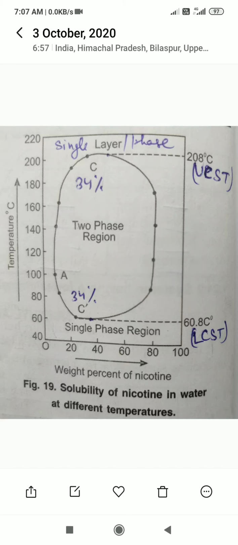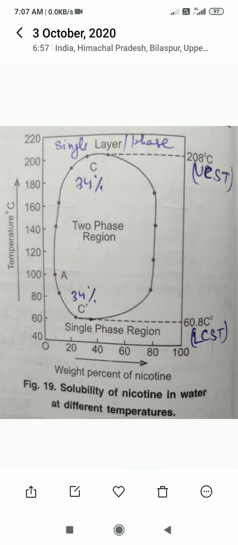If percentage of nicotine is between, I would say, 10 to 80%, and it is below 60.8 degrees Celsius, then nicotine will be completely soluble and will exist in the form of single layer.